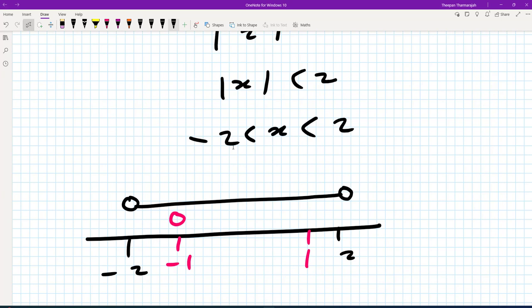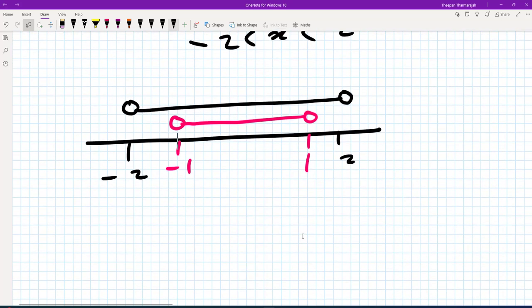So let's draw them in. But it's asking for the inequality that satisfies both of these series expansions. And the only one that does is when x is greater than minus 1 but less than 1. So we can say the one that satisfies both is when x is greater than minus 1 but less than 1.